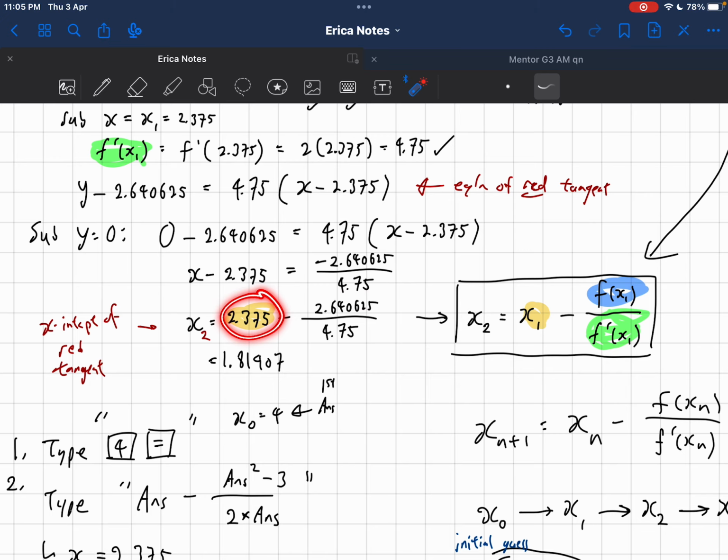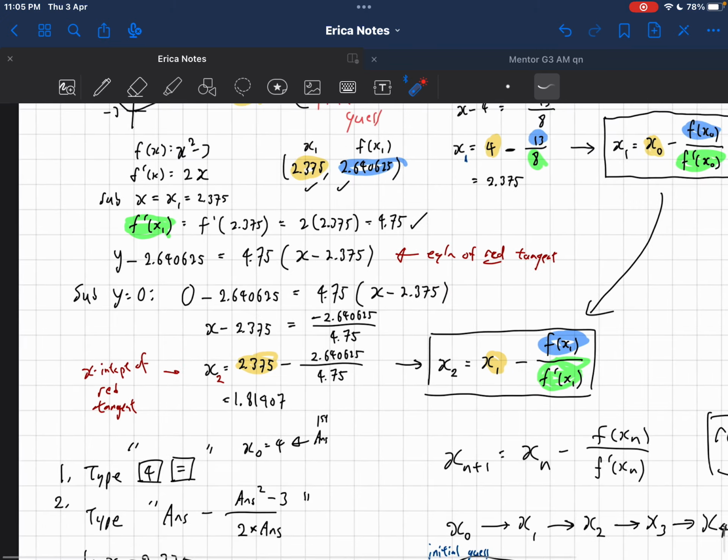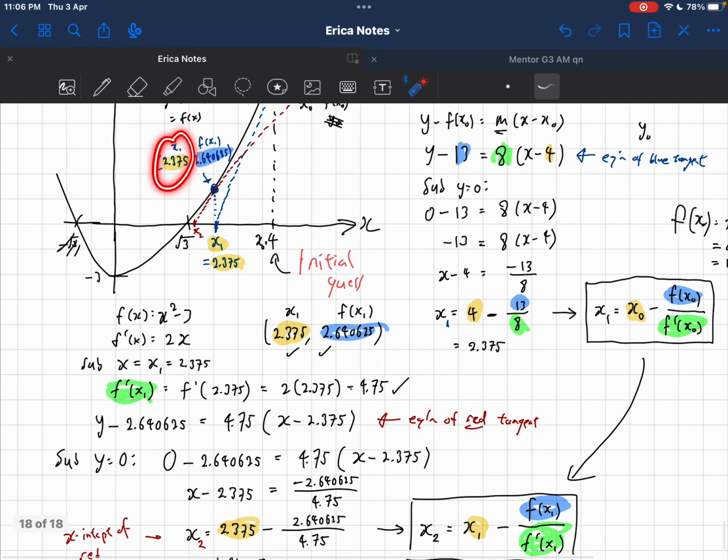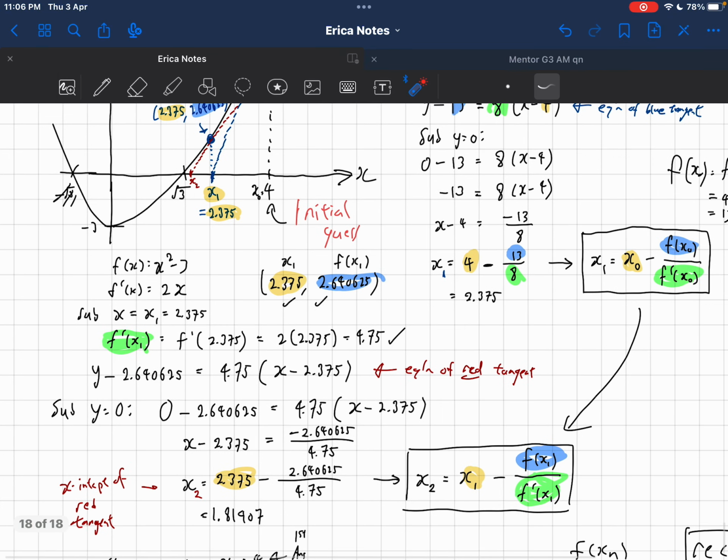What's 2.375? That's really just the x coordinate, this point here, yellow. The y coordinate, blue. The gradient here, green. So that means that we now solve for x, but I purposely put an index 2 here to remind me that it's the second x-intercept of the second red color tangent line.